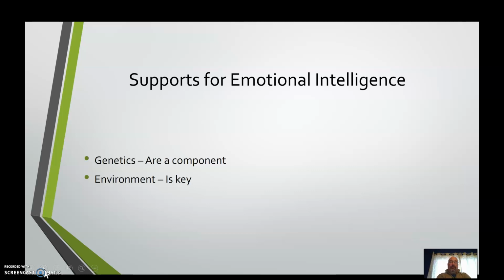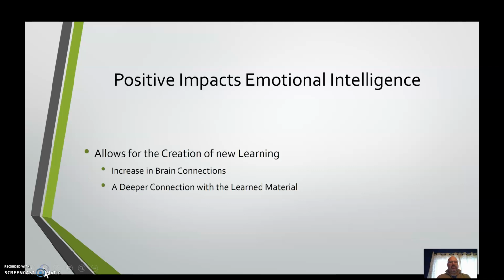So although genetics are a component, the interesting thing is that more key than anything is the environment in which students are learning or developing that emotional intelligence. We'll talk about what those elements are that help to support or detract from emotional intelligence development.